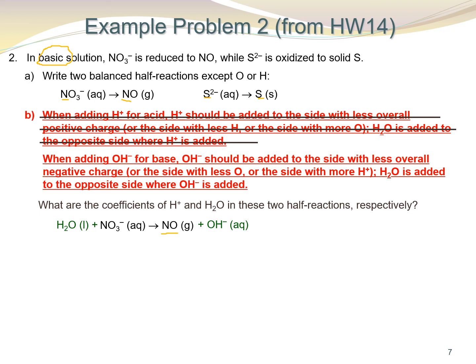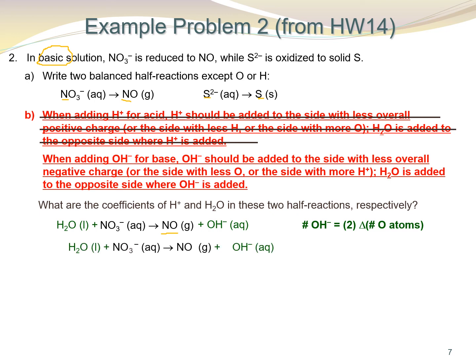But again, there's a shortcut. Very similar to that of H+, the number for OH minus is twice the difference of the number of oxygen atoms in this half reaction, the one in black, the one before hydroxide and water are added.